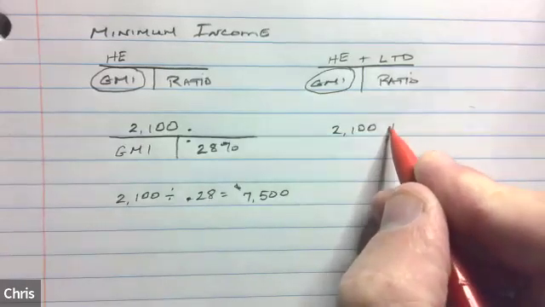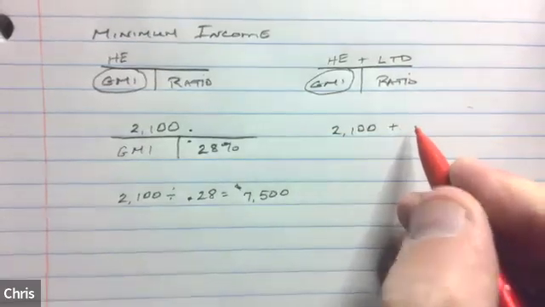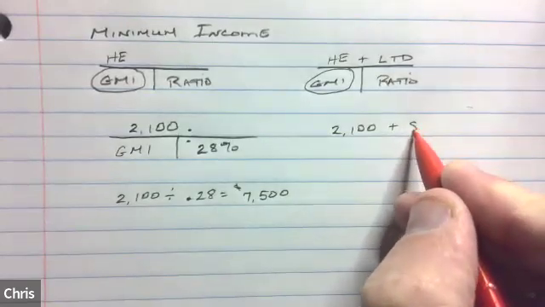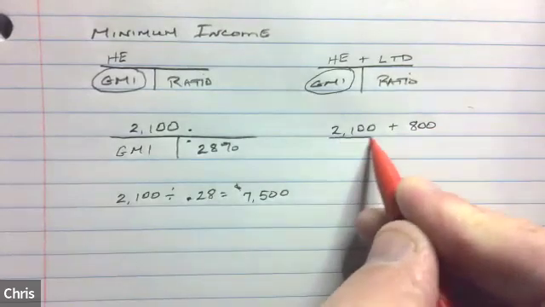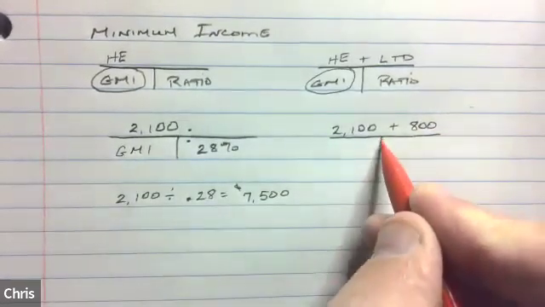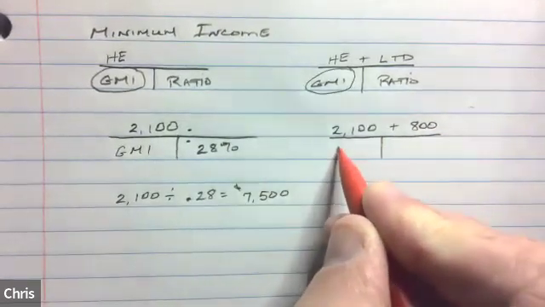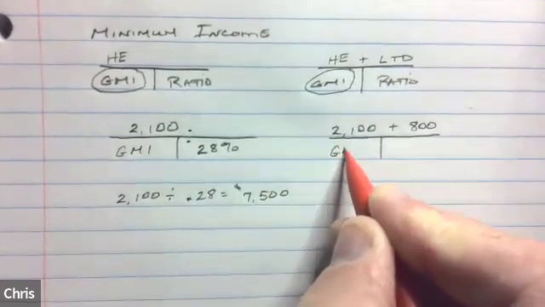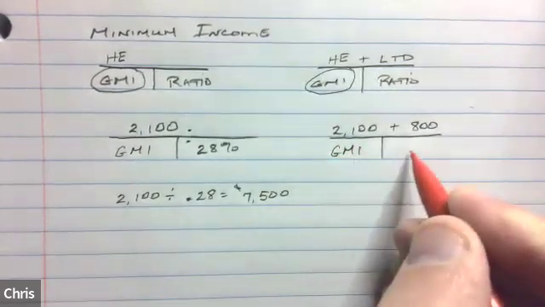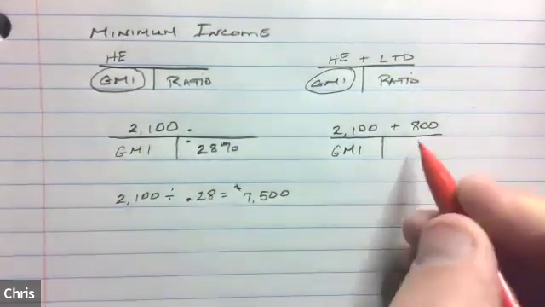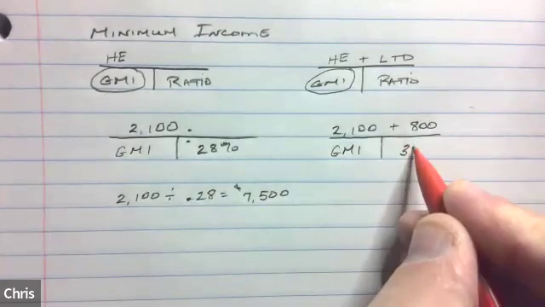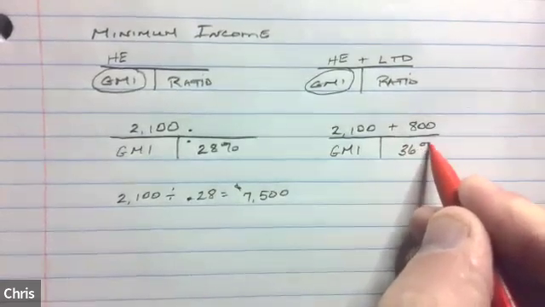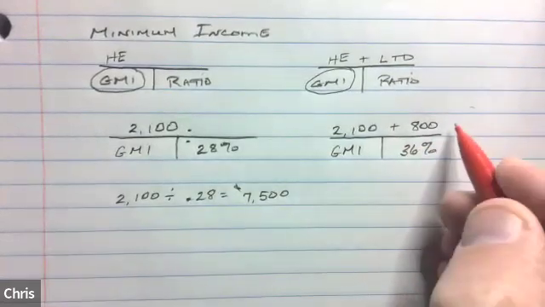As it turns out, this guy has a couple of car payments and some student debt. So he has $800 in other monthly debt. Well, again, we're playing a little Sesame Street here. This is going to be the same at the bottom. The GMI ratio is technically going to be the same idea, but it's going to be a different number because since we're talking about the back end, the ratio is going to be a little bit higher. It gives you a little more room for other debt.